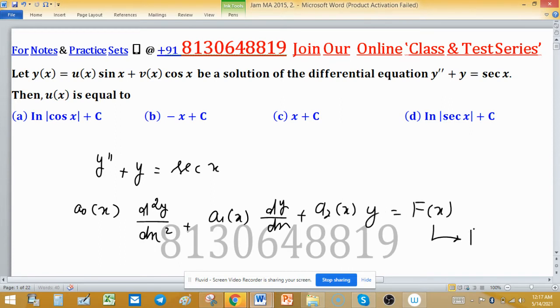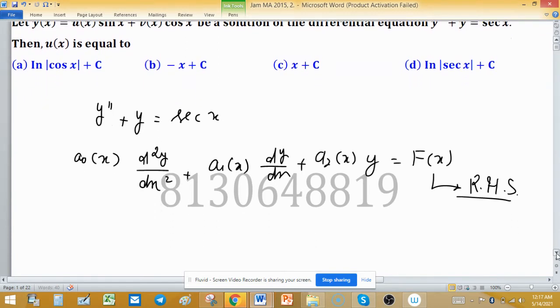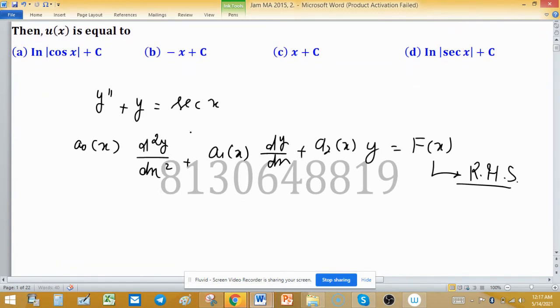This is the right hand side, and we find a particular integral if the right hand side is not 0, or has some function such as sec x.